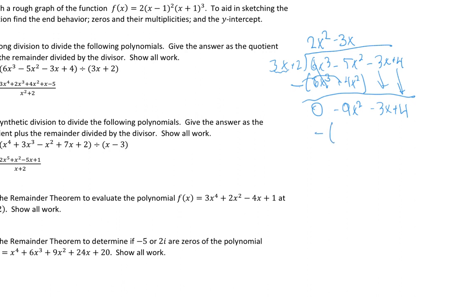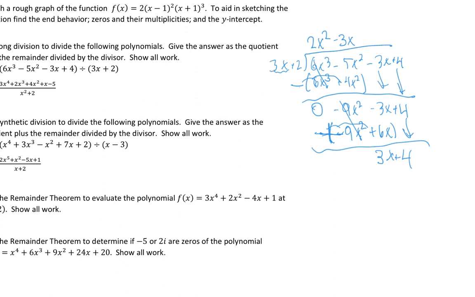Multiply each of these by minus 3x, so we get minus 9x squared minus 6x. If we think about distributing, this is going to become a plus 9x squared. So minus 9x squared plus 9x squared, those cancel. Minus 3x plus 6x is going to be 3x, and we can bring this down, plus 4.